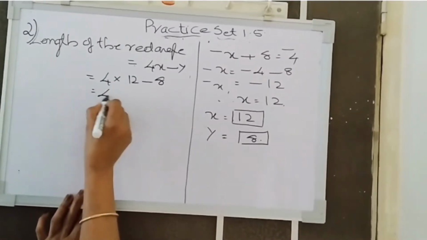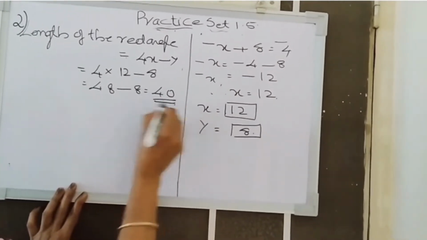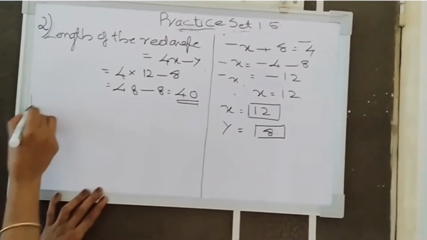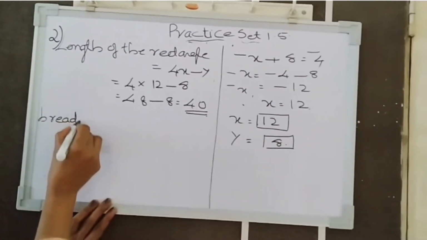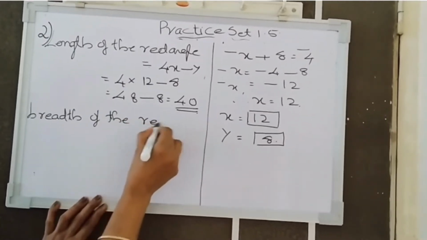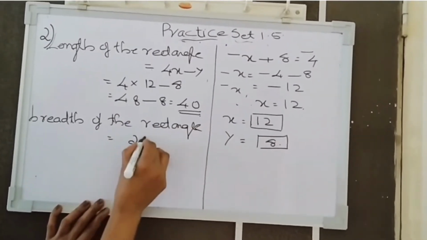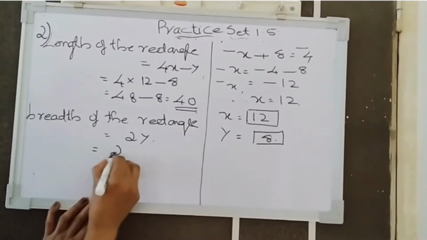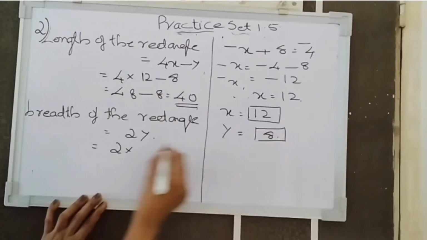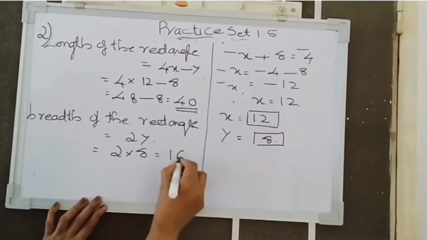That means 48 minus 8 is equal to 40. Length of the rectangle is 40 and breadth of the rectangle in your figure is 2y. Therefore, 2 into the value of y is equal to 8. 2 into 8 is equal to 16.